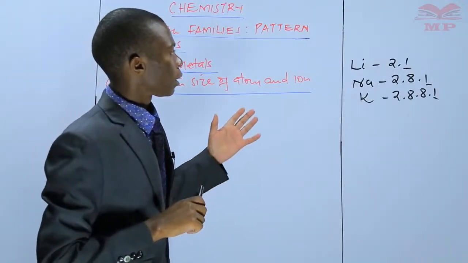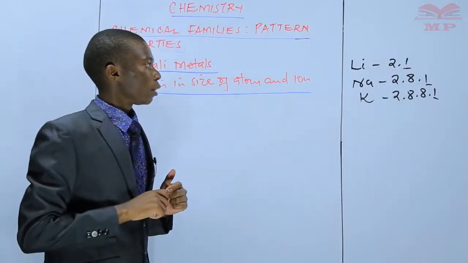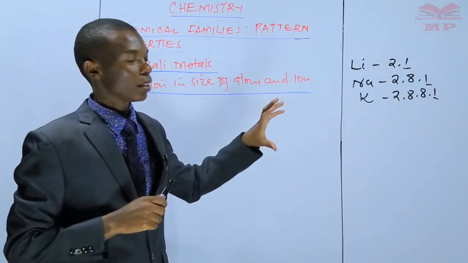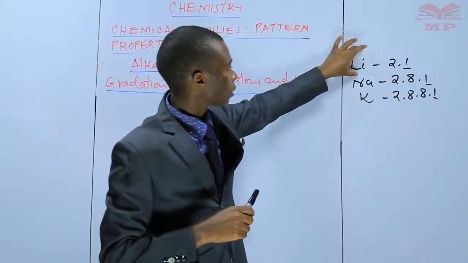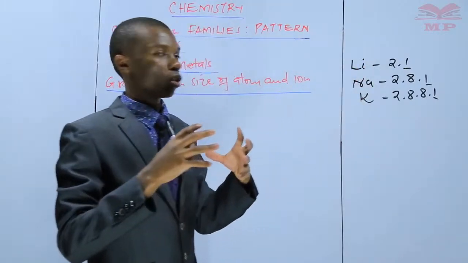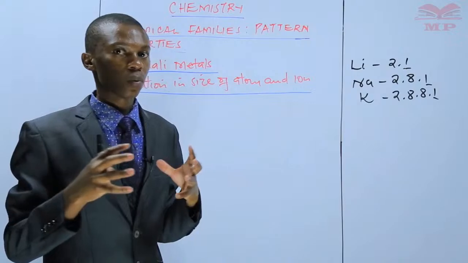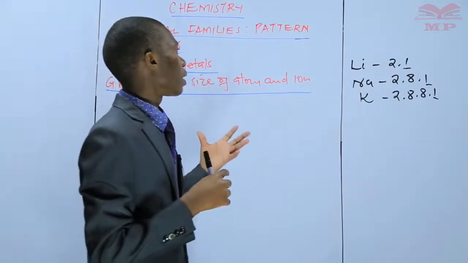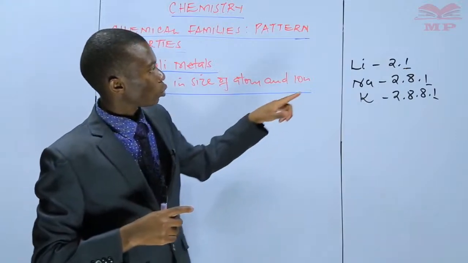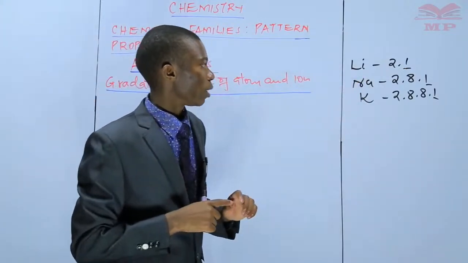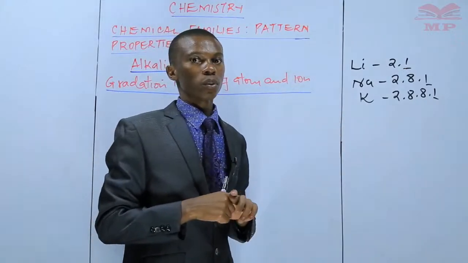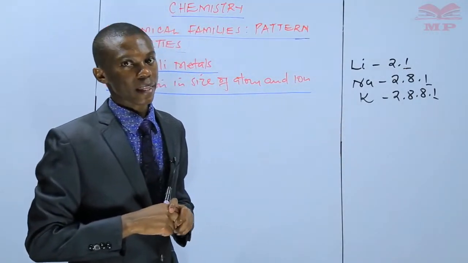If you look at those 3 elements, the sizes are different: lithium is the smallest and potassium is the largest, depending on the number of energy levels which are present. Lithium has 2 energy levels occupied by electrons, sodium has 3 energy levels occupied by electrons, and potassium is the largest with 4 energy levels which are occupied by the electrons.